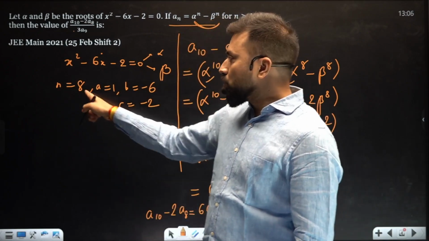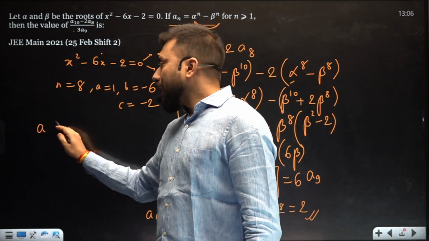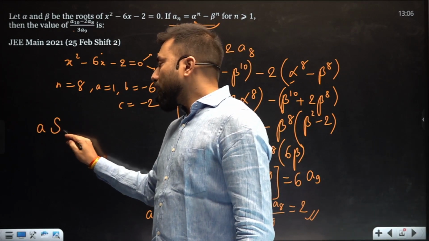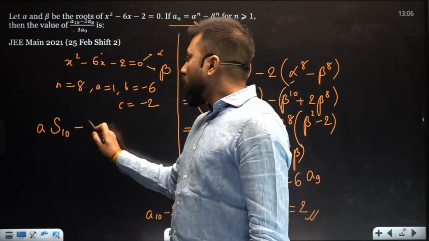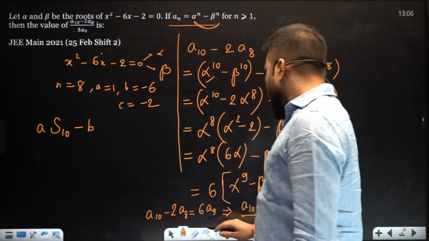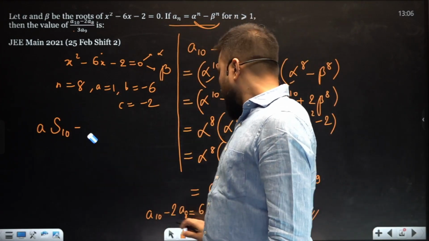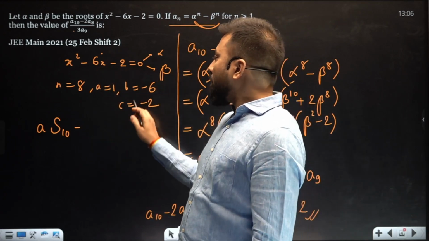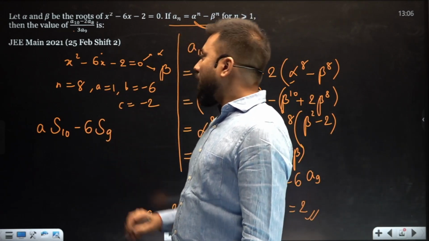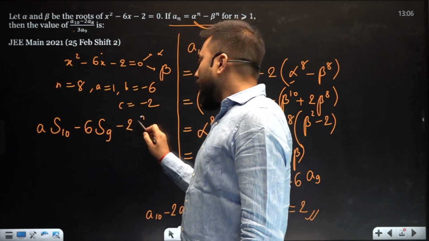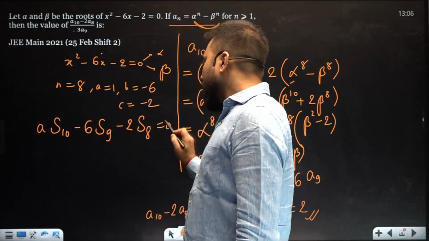So if we use n equals 8, this will become a times s n plus 2, which is S10, plus b, which is minus 6, times S9, and minus 2 times S8, right?